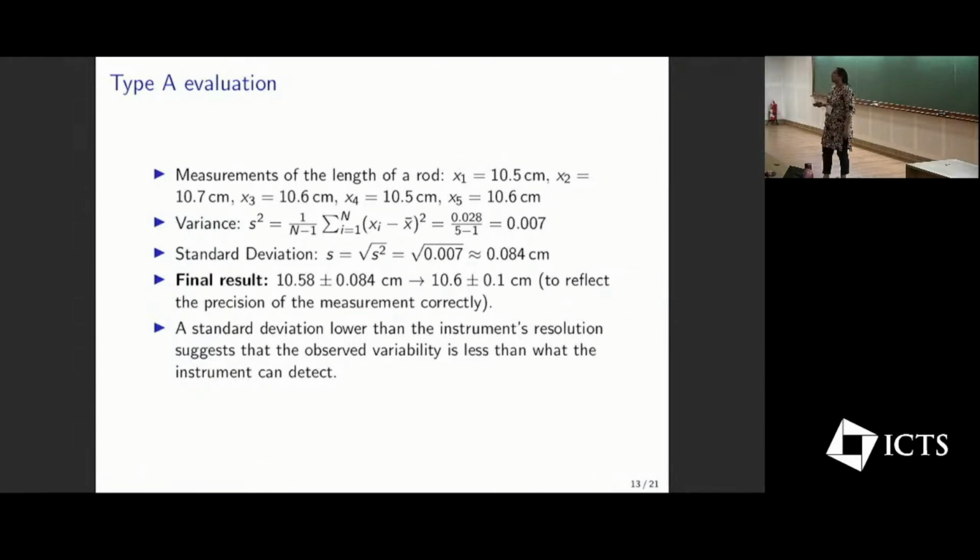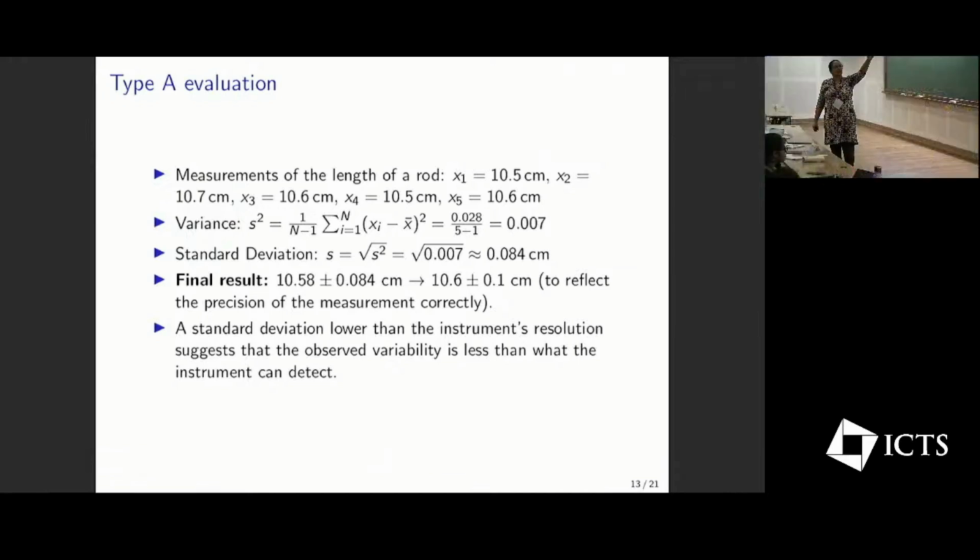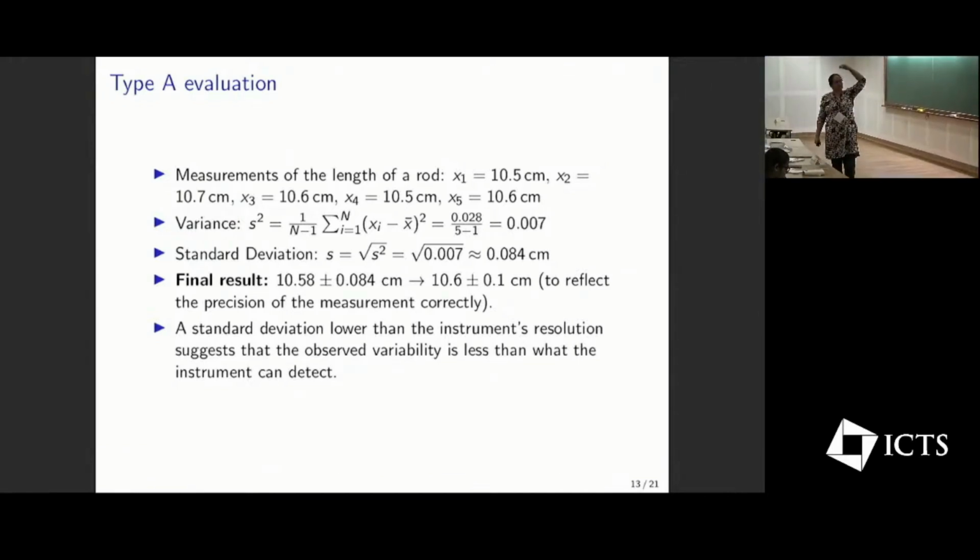So in that case, you may have no choice but to report the least count as the uncertainty. Yeah, that's what I said. I think you can keep one significant figure in the standard deviation and write it as 0.08 centimeter.